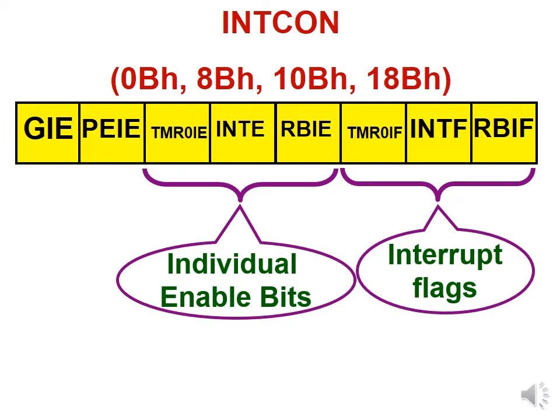RBIE is the interrupt enable bit for port B on change interrupt. INTE is the interrupt enable bit for external interrupts. TMR0IE is the interrupt enable bit for timer 0 on timeout interrupt.